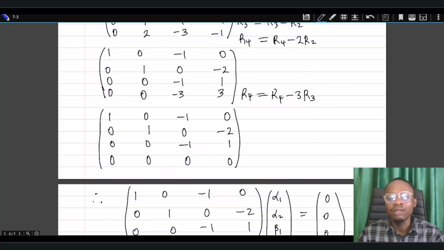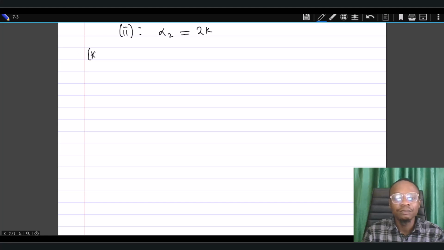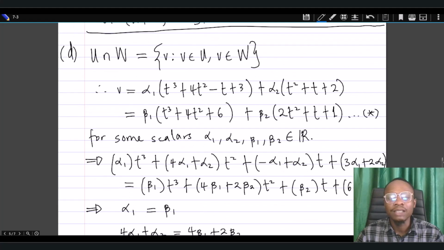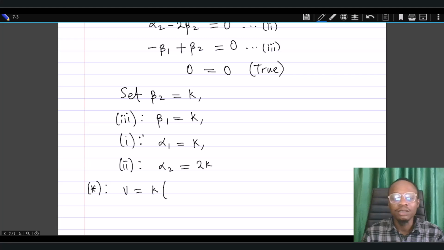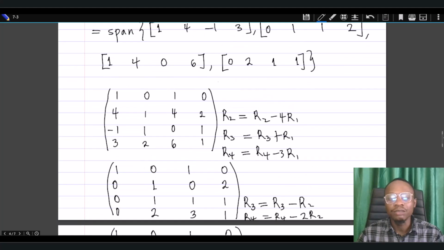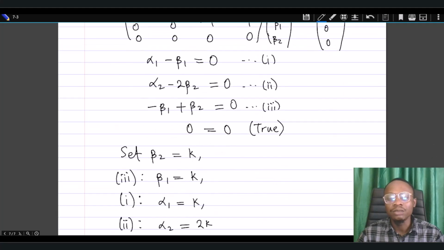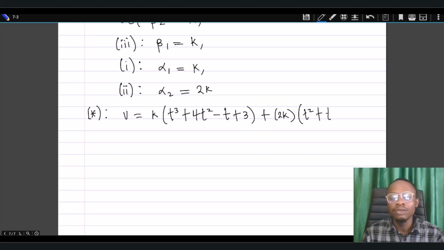Using equation star now, an arbitrary element in the subspace U intersection W will be given by alpha 1, which is now k, multiplying t cubed plus 4t squared minus t plus 3, plus alpha 2, which is 2k, multiplying the vector which was the coefficient of alpha 2 in equation star. That is t squared plus t plus 2.